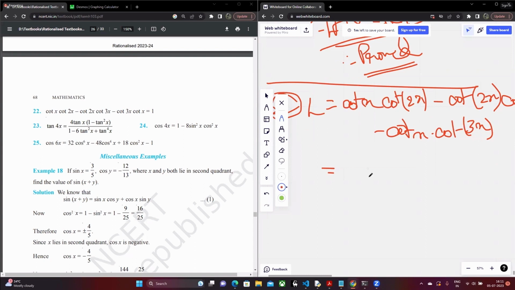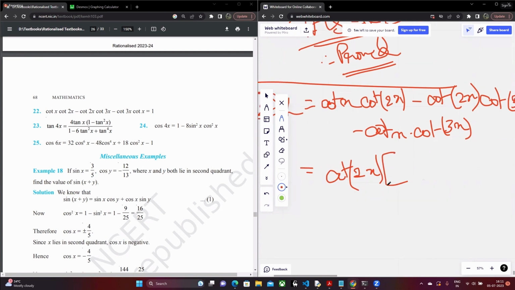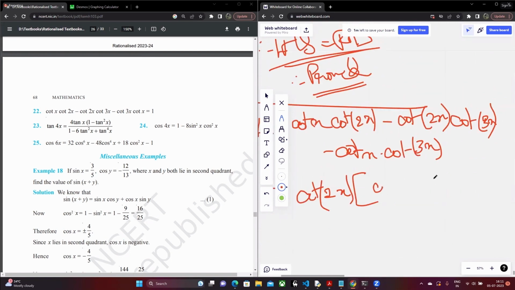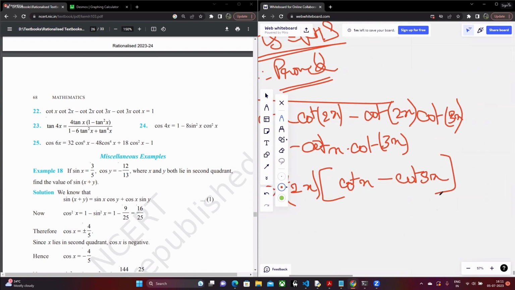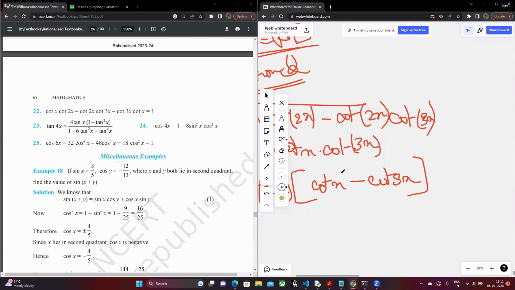In this, I can first take cot 2x common out into cot x minus cot 3x minus, this is going to be cot x cot 3x, right?